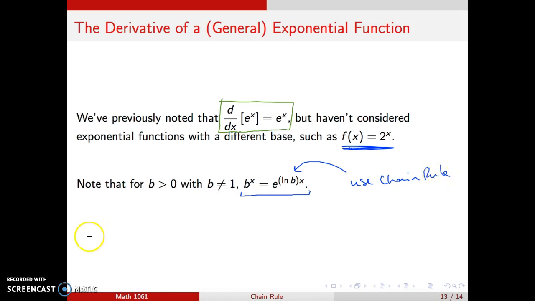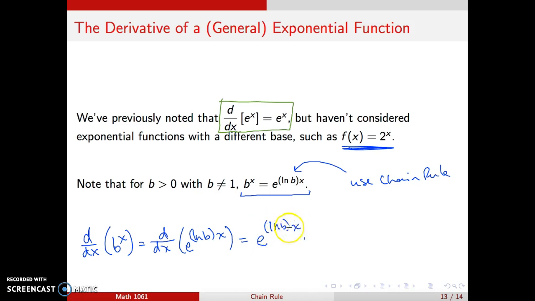And so you could say the derivative of b to the x is the same as the derivative of e to the natural log of b times x, which is, well, the derivative of the outside function is itself, e to the natural log of b times x, times the derivative of the inside function of the composition, which would be a linear function, natural log of b times x. Derivative of that is just natural log of b. And so that equals natural log of b times this, which is a crazy way of writing b to the x. So just kind of sketched out for you real quick what the rule is.